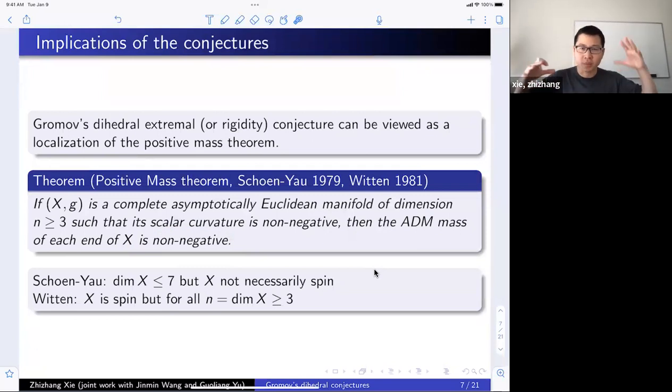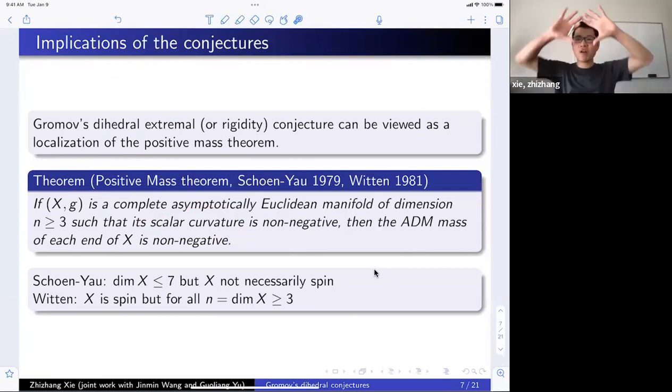Then there's some perturbation, you can modify the metric so that the scalar curvature is still non-negative everywhere, with two extra properties. Near infinity, it's not just asymptotically Euclidean, you can make it exactly Euclidean. Inside, not only is the scalar curvature non-negative, you can actually make it positive somewhere.